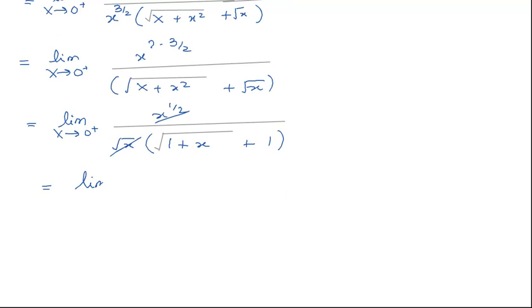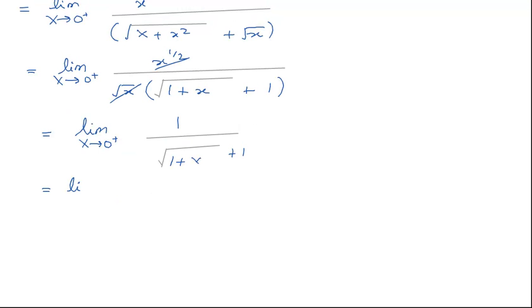So we are left with the limit as x tends to 0 from the positive direction of 1 over (√(1 + x) + 1), and now we can write it as the limit h tends to 0 of 1 over (√(1 + 0 + h) + 1).